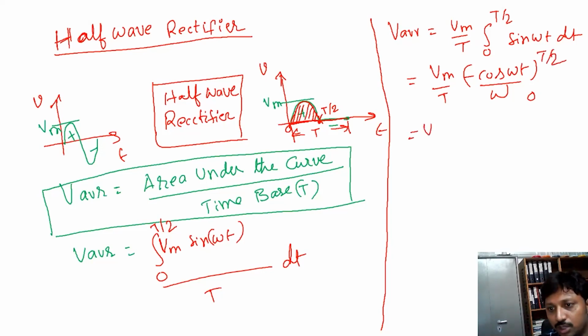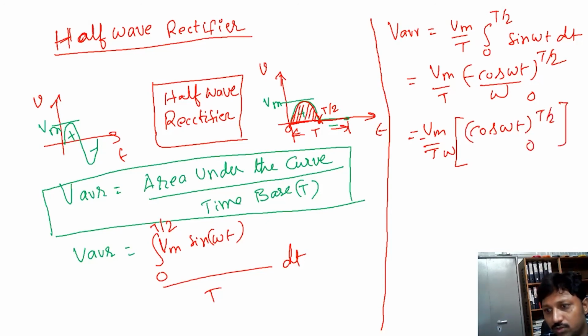When you substitute the limits, minus Vm by T omega, I can take the minus and omega outside. The upper limit is T by 2 and the lower limit is 0. So minus Vm by T omega times cos omega into T by 2, in place of t you substitute, minus cos 0.